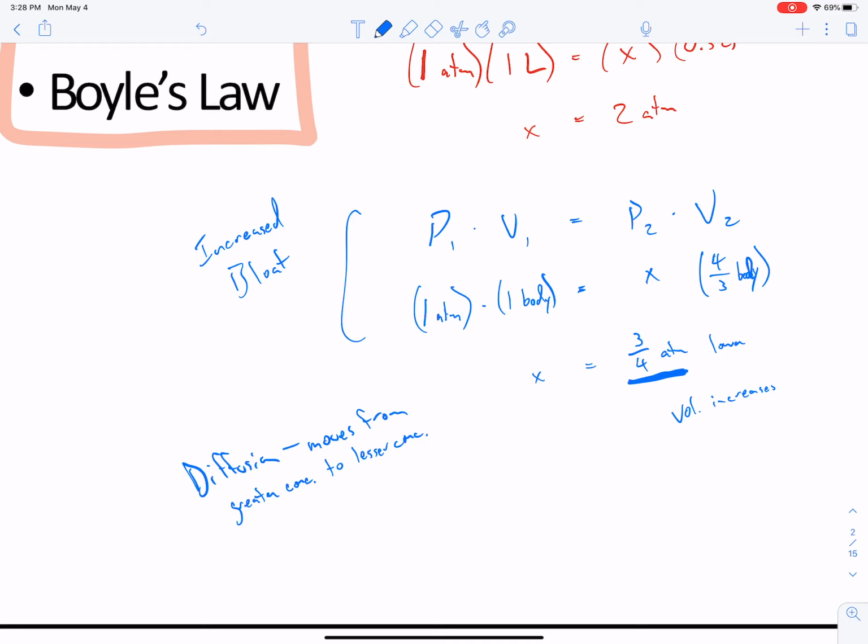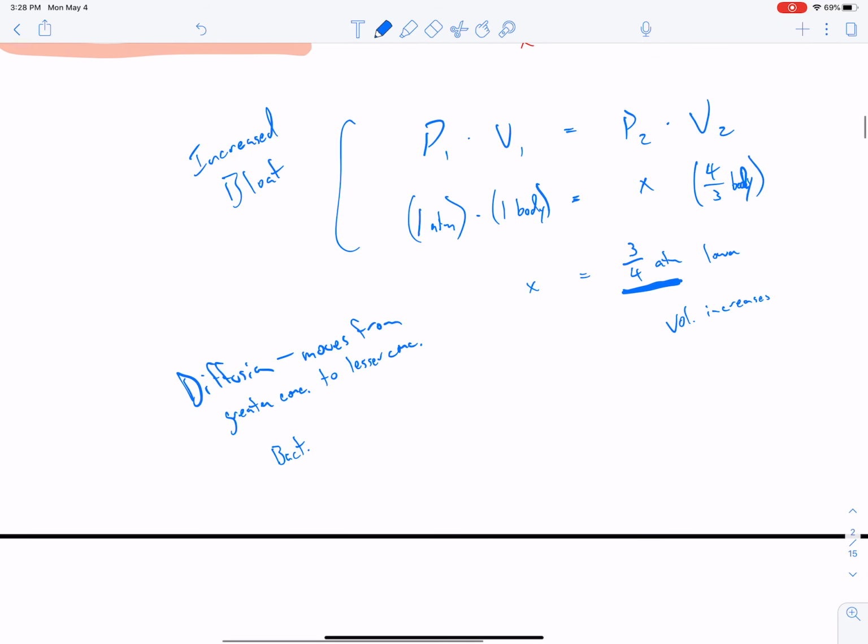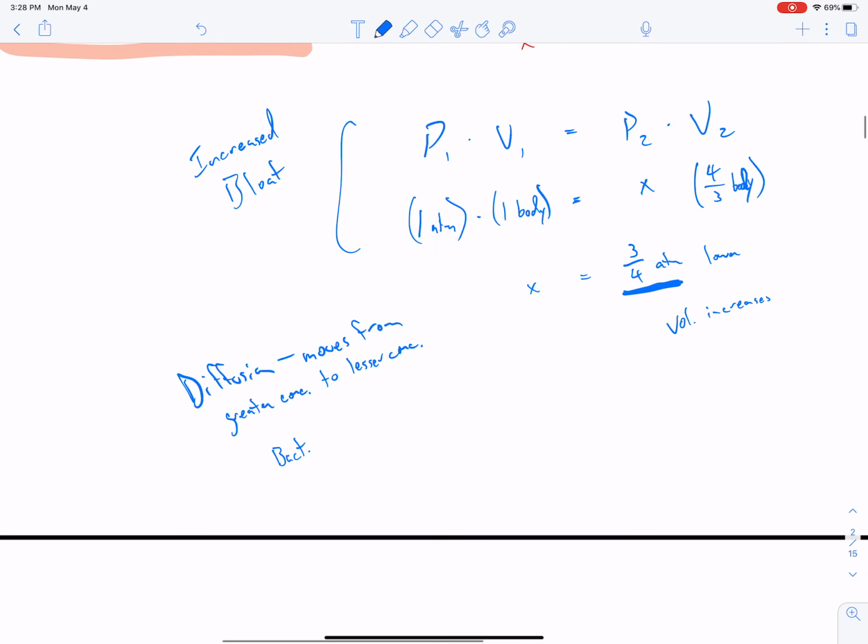So what happens here with bloating is, the bacteria that are responsible for the bloating, let's think about this. These bacteria that are sitting in the body, now what happens is that body got a little bit bigger, didn't it?